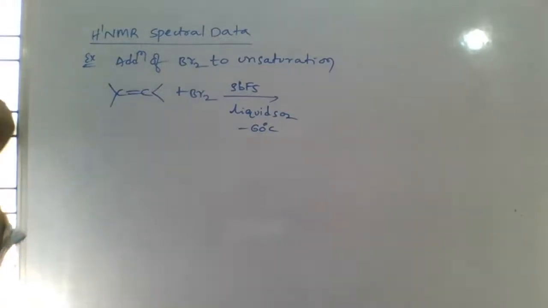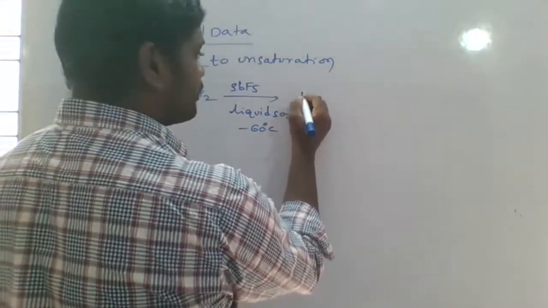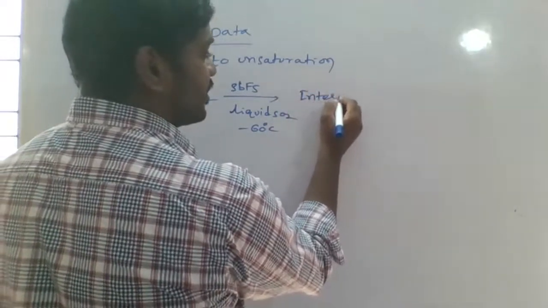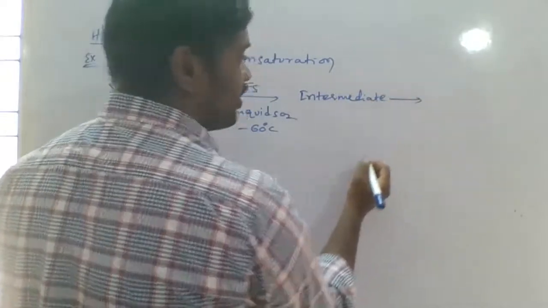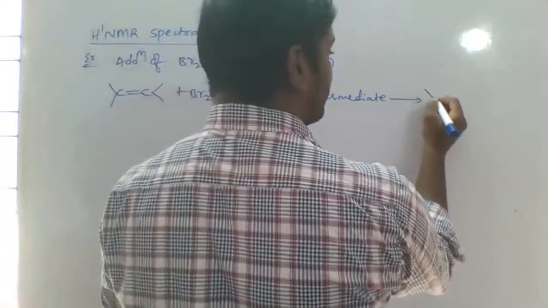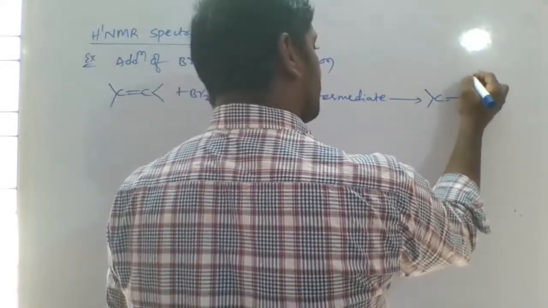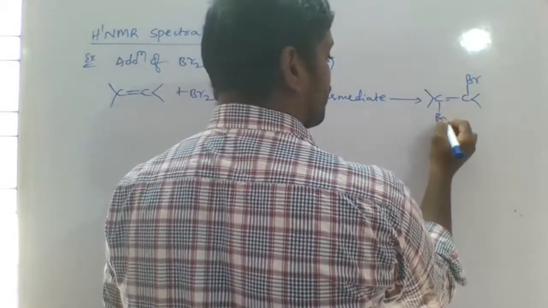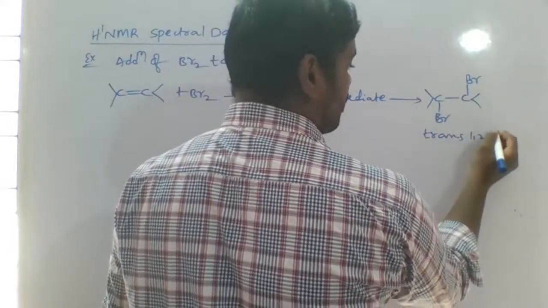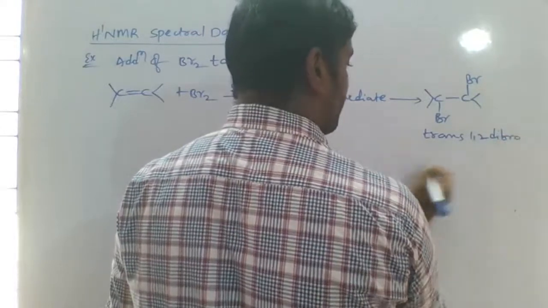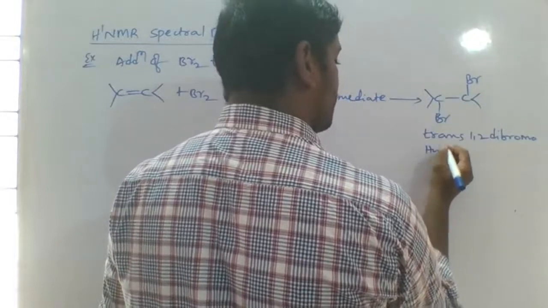Here an intermediate is formed, and this intermediate further forms the trans-1,2-dibromo hydrocarbon.